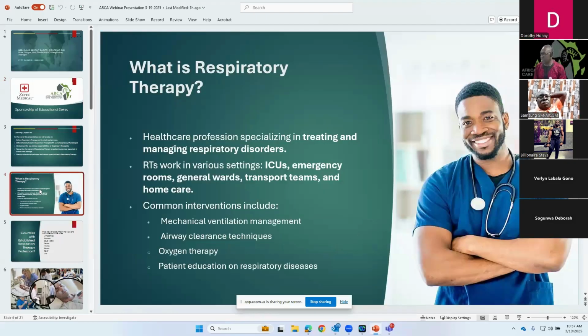Going back to what is respiratory therapy, in the organization that I work at, it's a 1,000 bed hospital. We have respiratory therapists that work in every part of the hospital, from emergency room to ICU to the neonatal intensive care units to regular patient floors, everywhere.